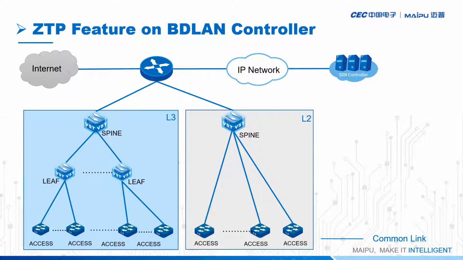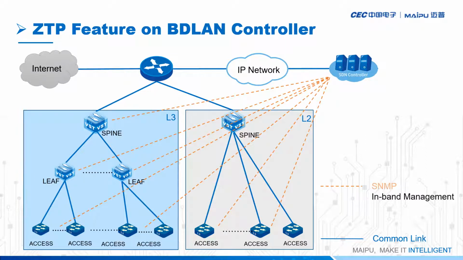And of course, there are two very important southbound protocols. The first one is SMP, and this protocol is used for in-band management. So the link between the spine and the leaf, the link between the leaf and the axis, and the link between the spine and axis is a trunk, and it's a layer 2 link.